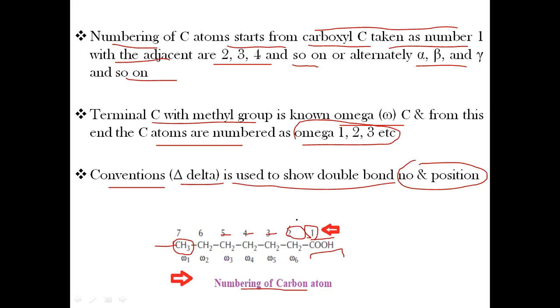It is alternatively also named alpha, beta, gamma, etc. Also, the numbering from the terminal side, which contains a methyl group, is known as omega. So this carbon is omega 1, this is omega 2, this is omega 3, and so on. Also, some convention like delta is used for the number and position of double bonds.